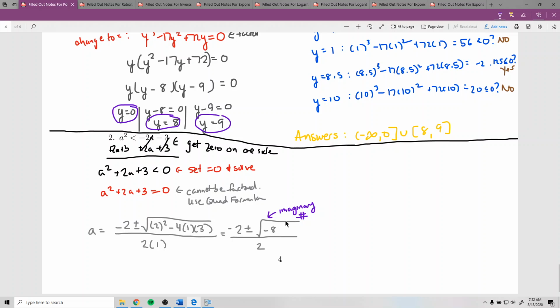Now here's one important thing. When you make a number line, it only contains real numbers. When we solve, we get imaginary numbers, that means we put nothing on the number line.